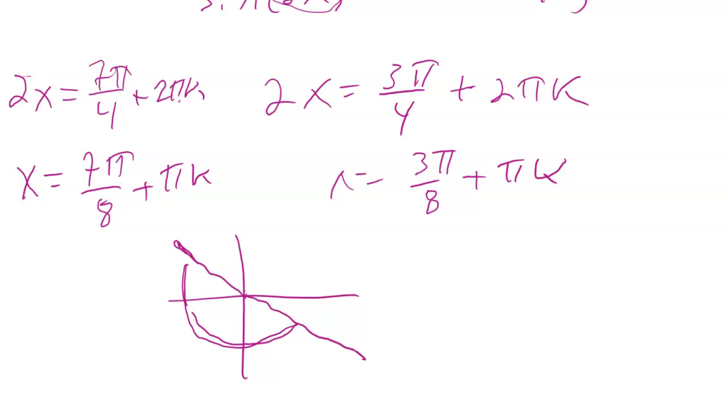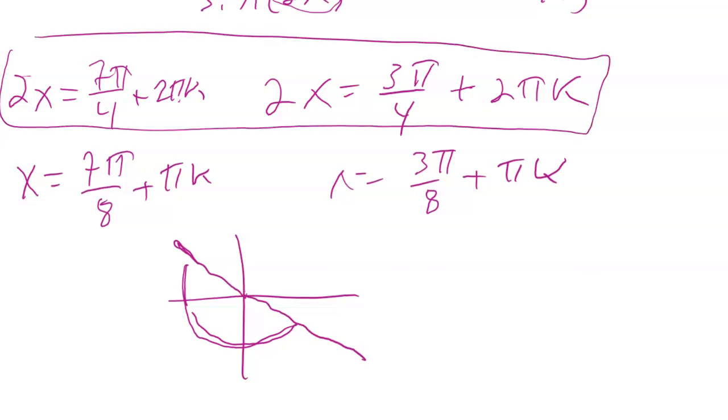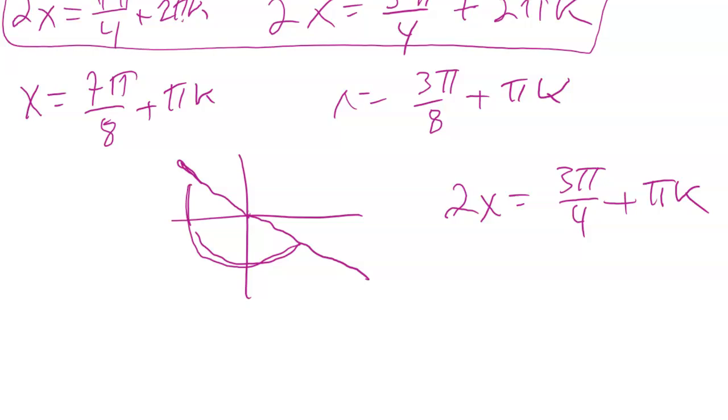So you can just add pi together. So this statement right here is equivalent to saying 2x is equal to 3 pi over 4 plus pi k. Then divide both sides by 2: x is equal to 3 pi over 8 plus pi over 2 k. Okay, I'll take it.